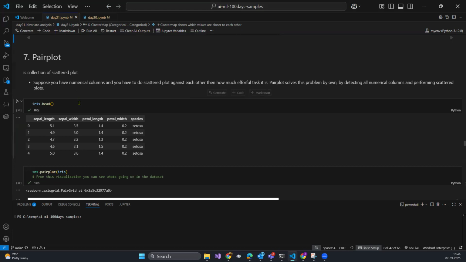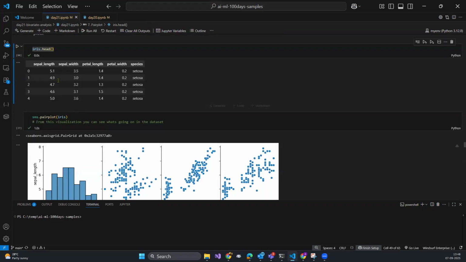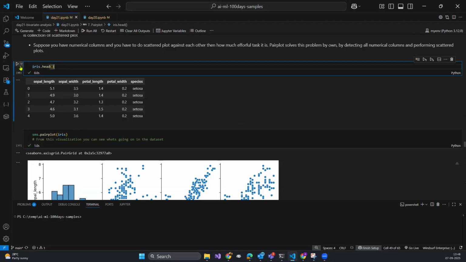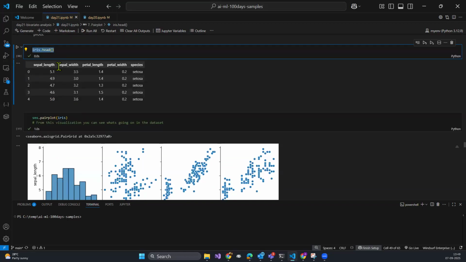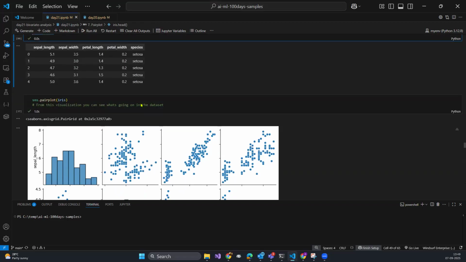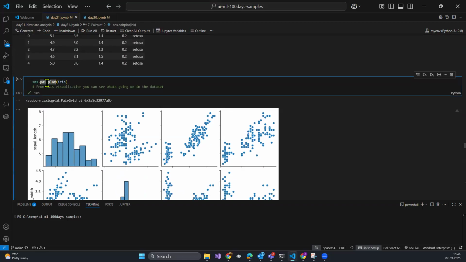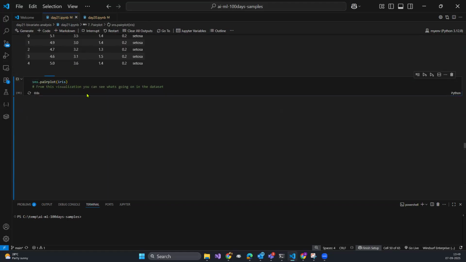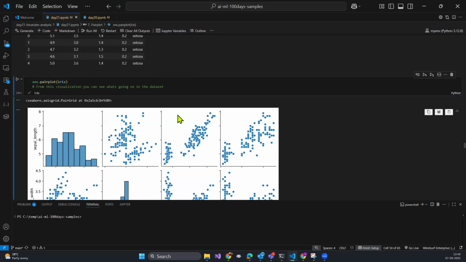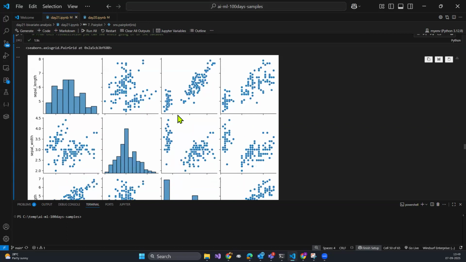This is useful where we have more numerical columns. So I'm taking the iris data because here we have more numerical columns: sepal length, sepal width, petal length, petal width, and species.